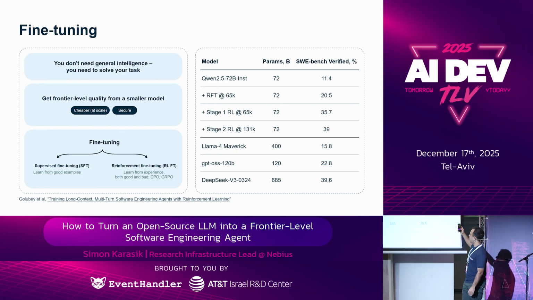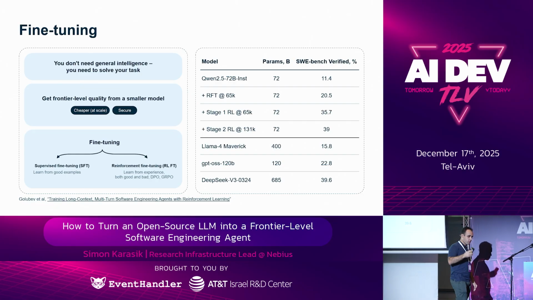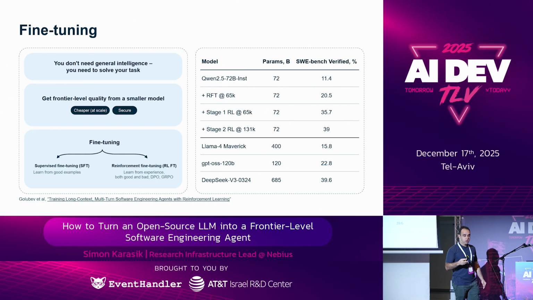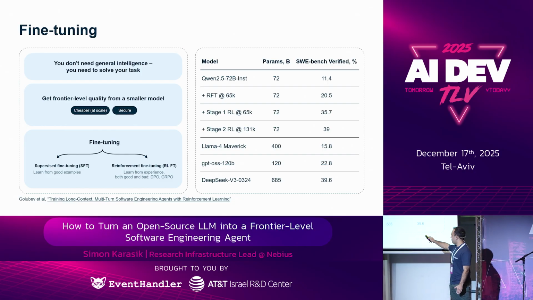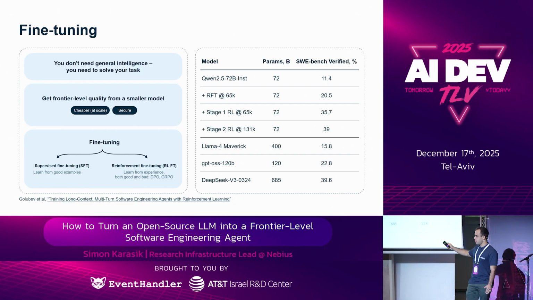So we started with 10 and ended up around 40, which is 4 times in total. And what is really crucial here is that we have a model which is quite small, but it performs just as good as a huge DeepSeek V3 model, which is 10 times larger. Our model is much smaller, much cheaper to run, and still it is as good as a huge model.